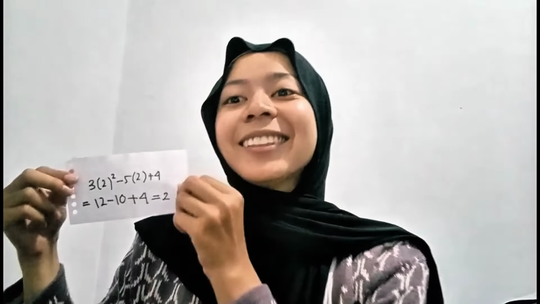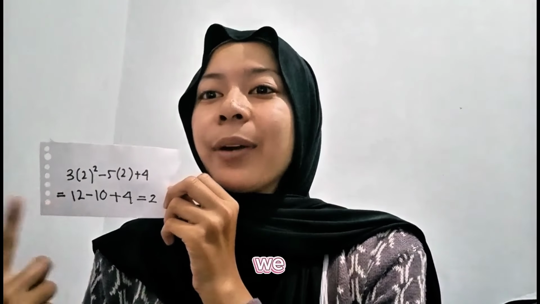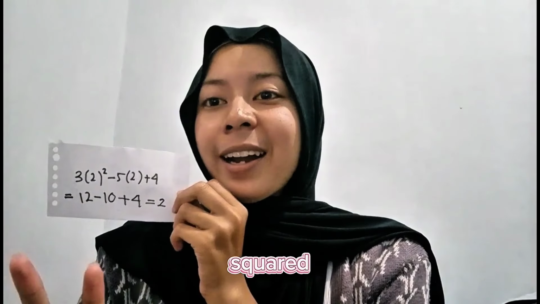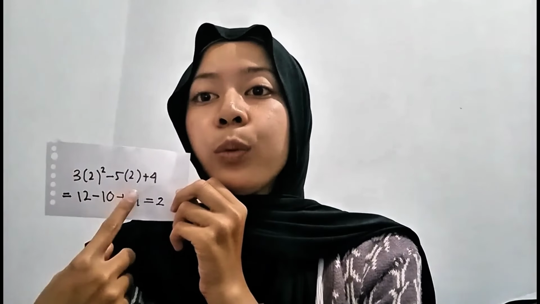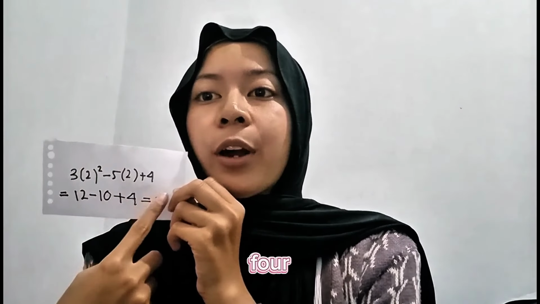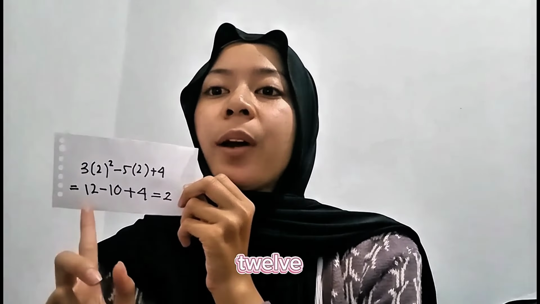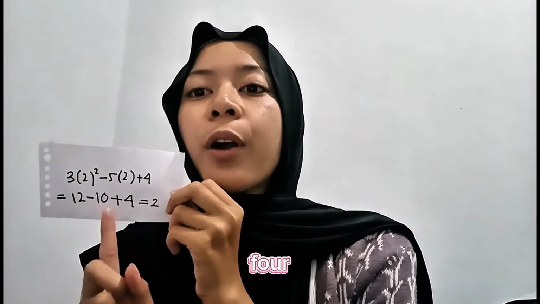And we have 3 times 2 squared minus 5 times 2 plus 4, which equals 12 minus 10 plus 4, which equals 6. And the final answer to the limit is 6.